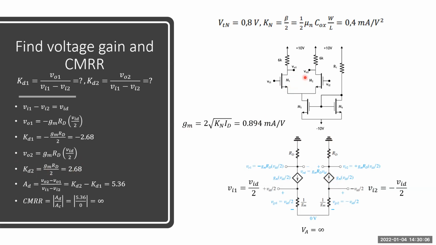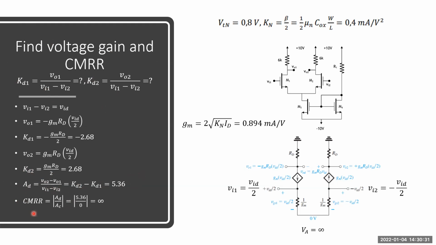Let's define the output voltage VO2 minus VO1. We have already defined the input differential voltage. Then differential mode gain equals KD2 minus KD1, and it equals 5.36 voltage gain. Okay, this is the differential mode voltage gain.